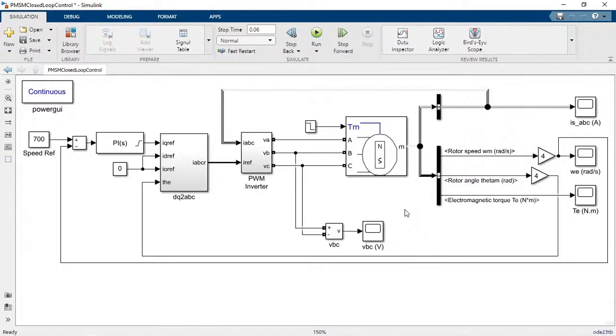Finally, we can add some intelligent controllers, like a fuzzy controller or neural network controller. So we can extract the entire performance from this motor. That facility is available with this motor.